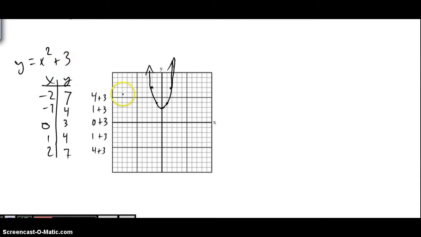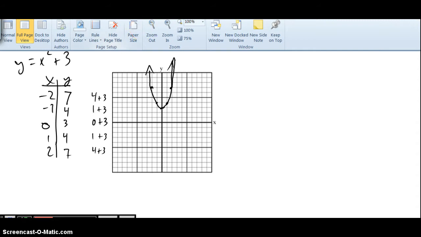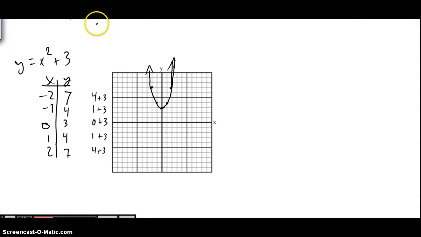There's a constant at the end of +3, and it starts here. So you see that this ends up, let me just change this here. Whoops. Okay. This means move up by 3. Okay? So that's all it does. It takes this graph and it moves it up. This means up 3. Okay?